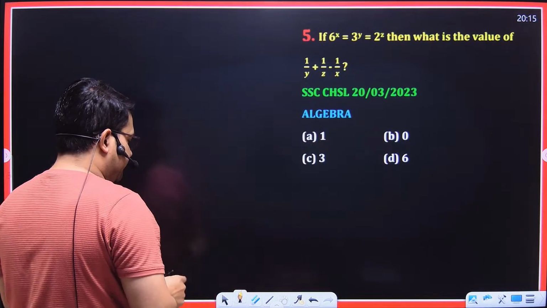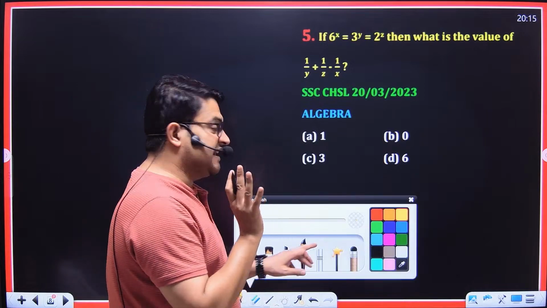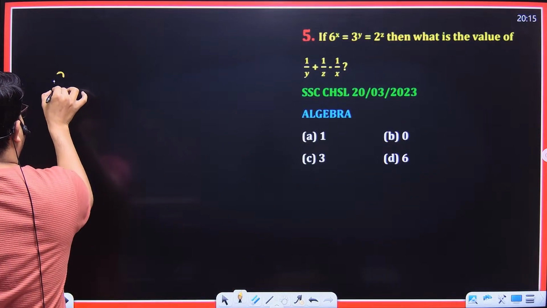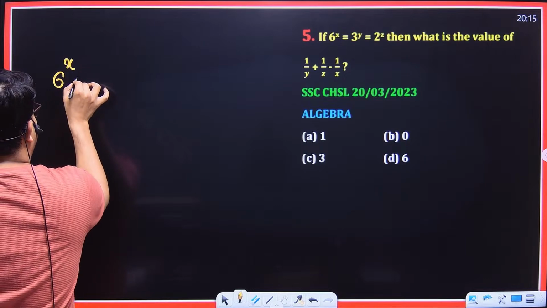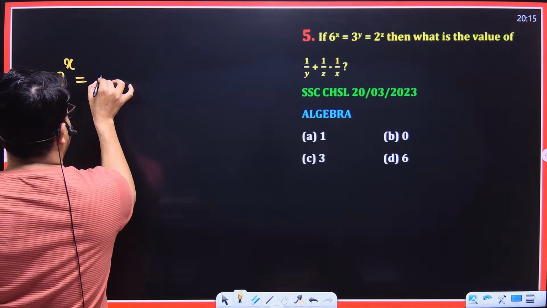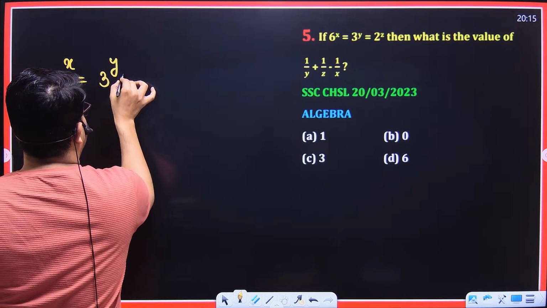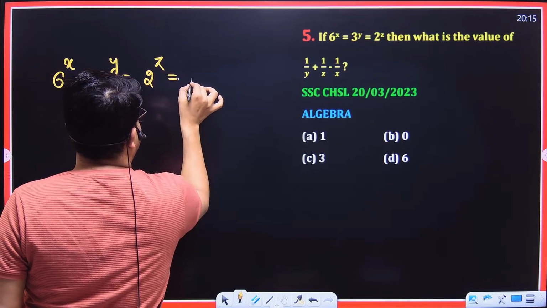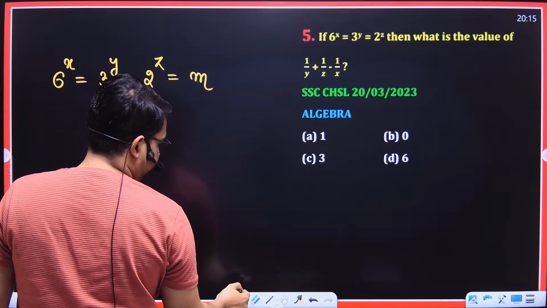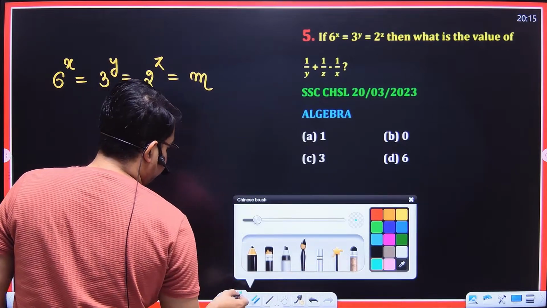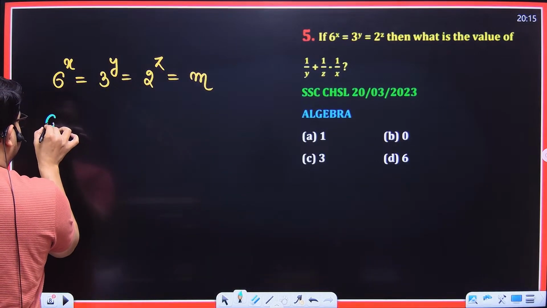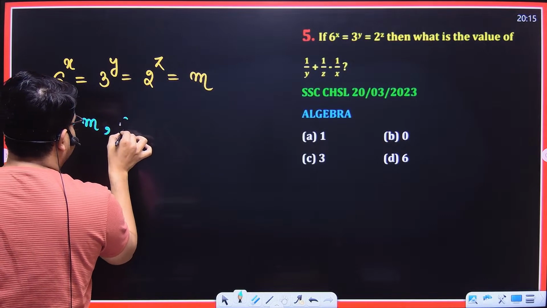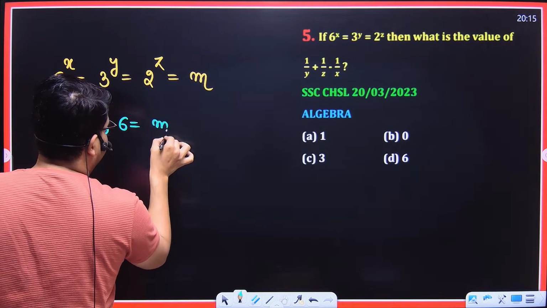So this one is a particular question, and this question has a particular method. What we have here, we have 6 to the power x, suppose, is equal to 3 to the power y is equal to 2 to the power z. Suppose this one is equal to m. So 6 to the power x is equal to m. So we have to write 6 is equal to m to the power 1 by x.